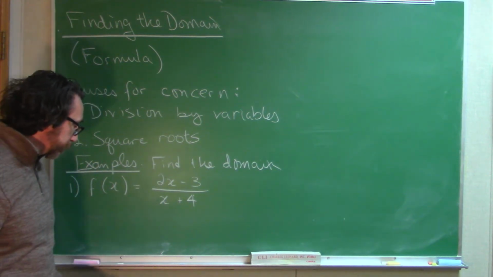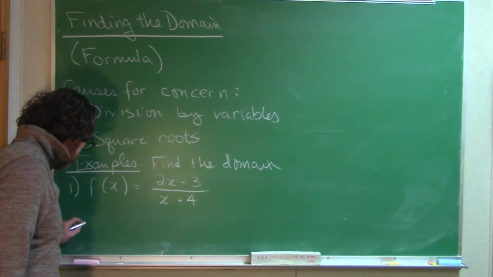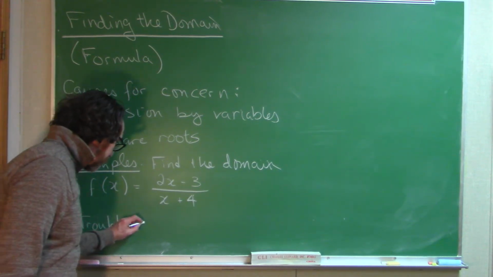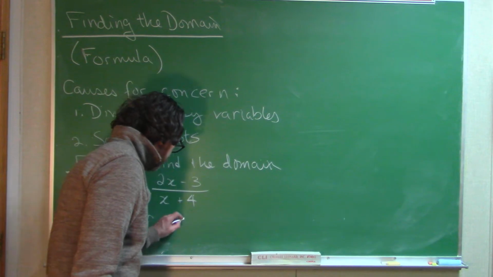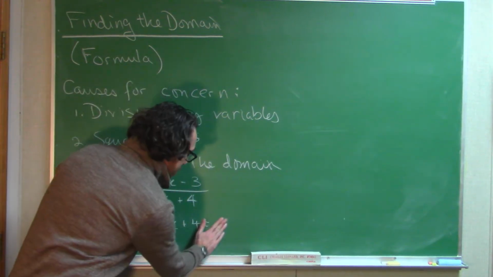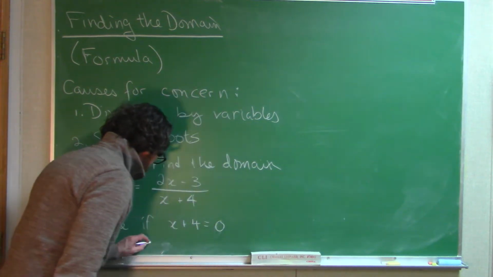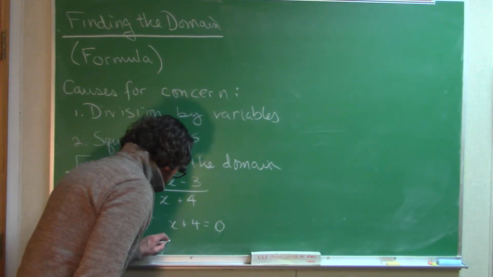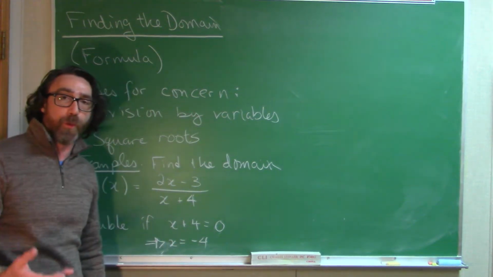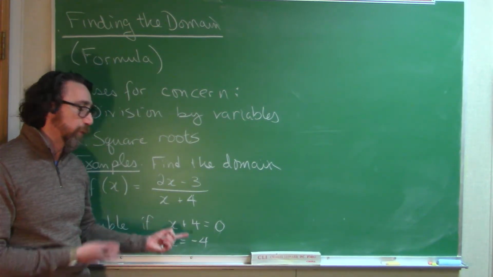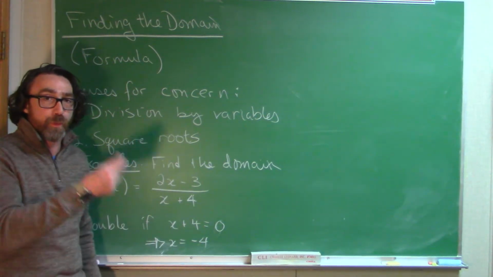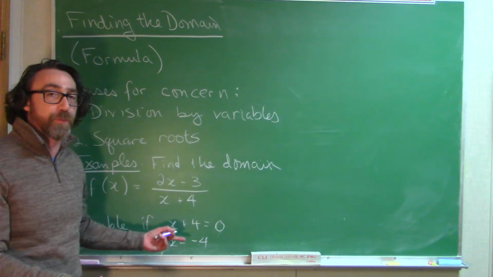Well, this would be trouble if x plus 4 were equal to 0. Of course, that's equivalent to saying we have trouble if x equals negative 4. If x were equal to negative 4, then we would have to divide by 0, but that's undefined. So there wouldn't be a way to compute the output.